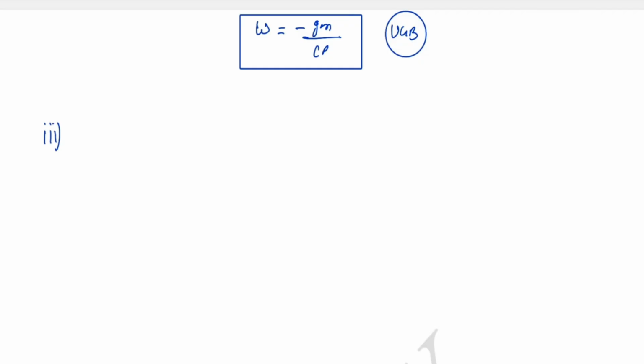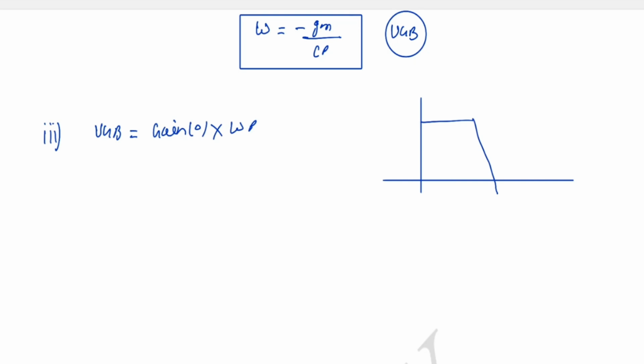Okay, so for that we know that for a single pole system, our UGB is low frequency gain into omega p. So from here, omega p will be UGB is GM by CP and gain is GM RF minus 1.